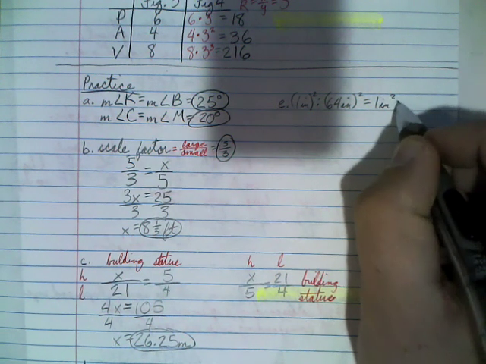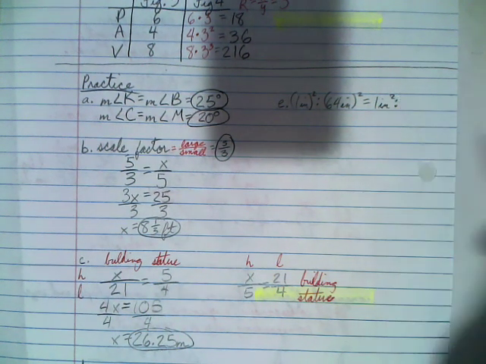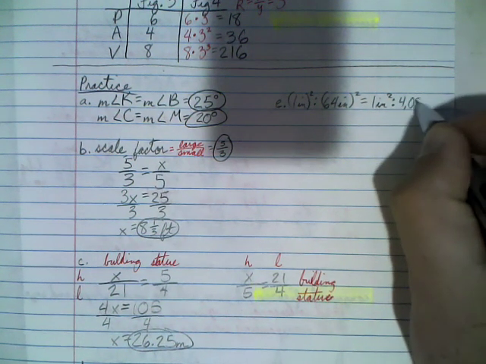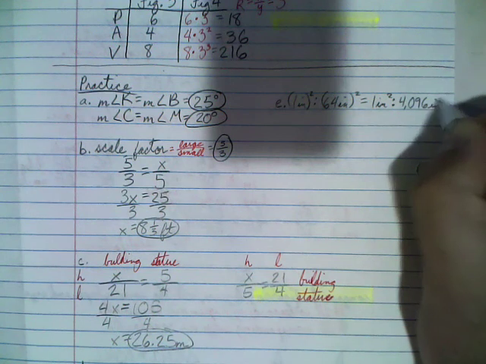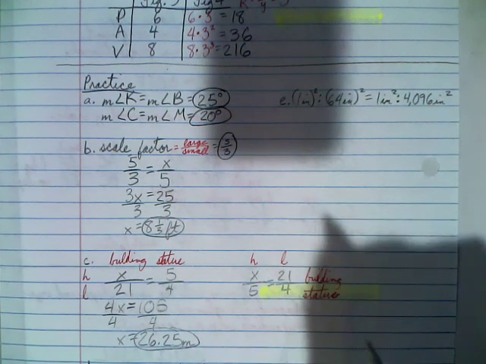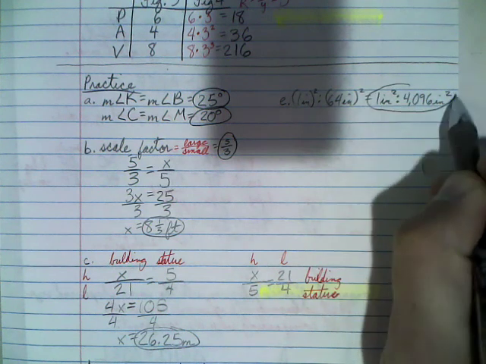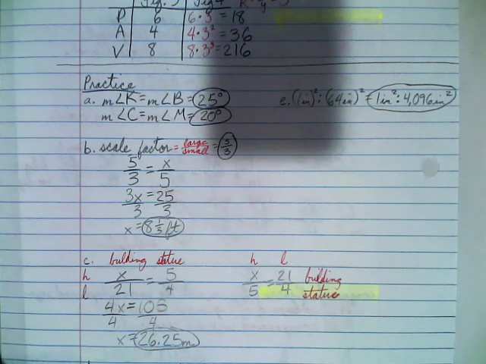For the other though, 64 times 64, a little bit harder. Work it out, you get 4,096 square inches. If we were looking for something having to do with volume, we would cube them instead of square them. And that, ladies and gentlemen, is the end of our lesson.